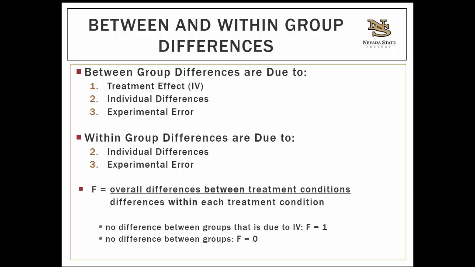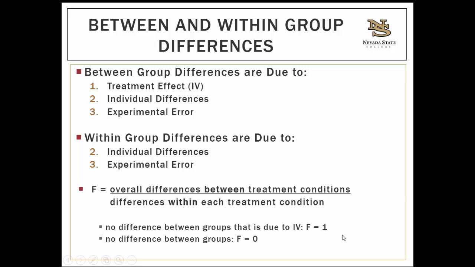And keep in mind that these differences within groups have nothing to do with the independent variable. We're just looking at differences within the group that receive the same level of the independent variable. So we know that differences are either due to individual differences or experimental error. So again, unintentionally treating individual participants within the groups differently.